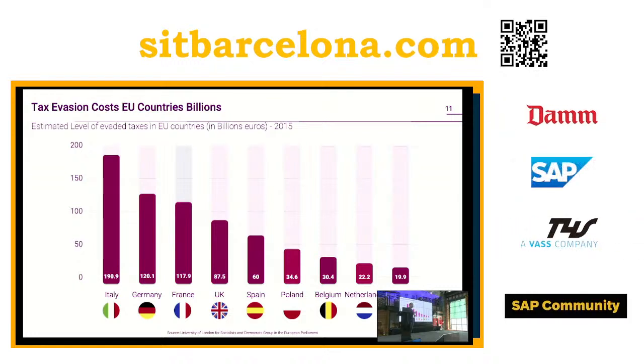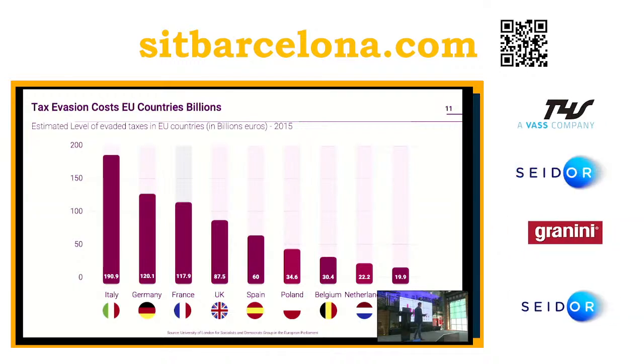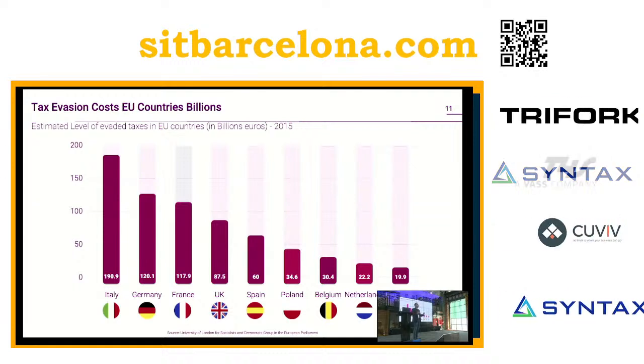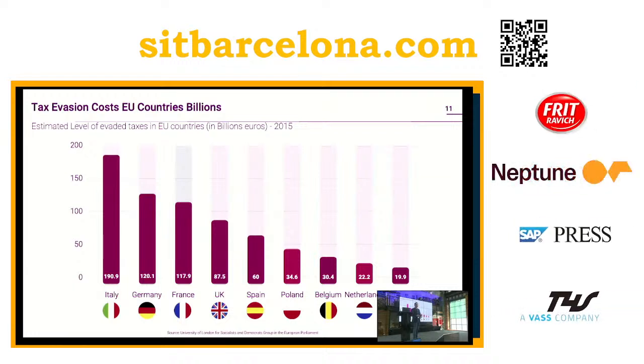This is the reason why Italy introduced the electronic invoice to fight against tax evasion, so they can collect more money. Imagine what you can do with 190 billion. You can invest in schools, education, and many other things.